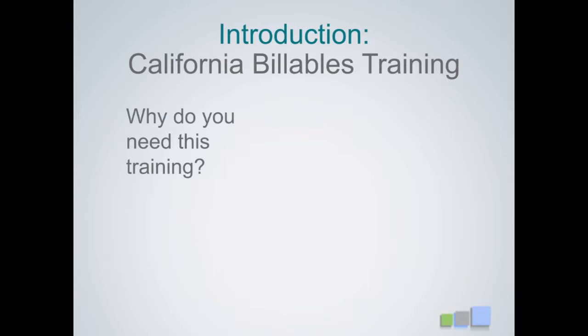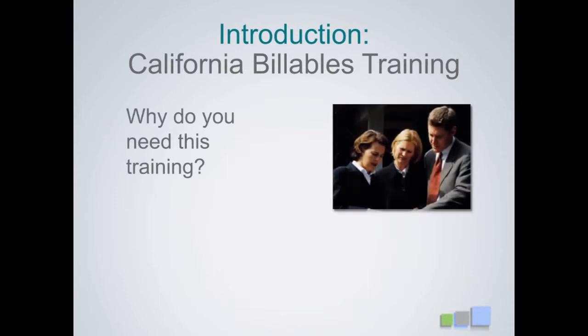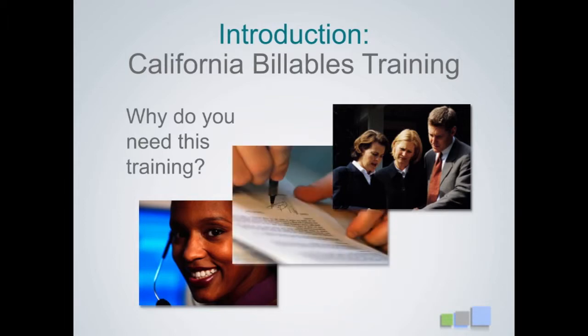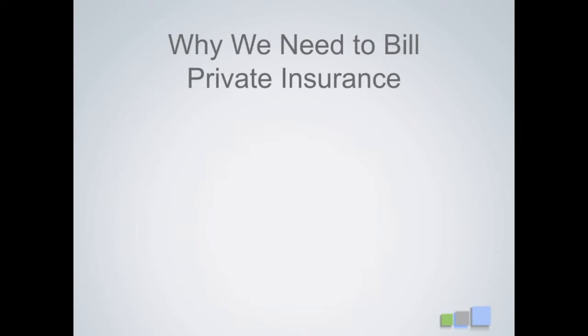Our first task is to review the key reasons your health department and clinic staff, like you, need to know about billing. Recently, the federal government changed the 317 funding rules, eliminating the use of 317 publicly funded vaccines for anyone with private insurance. This means that private insurance must now be considered as a funding source for those that have it.